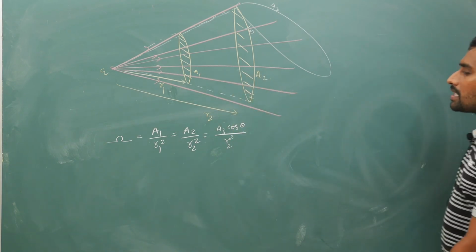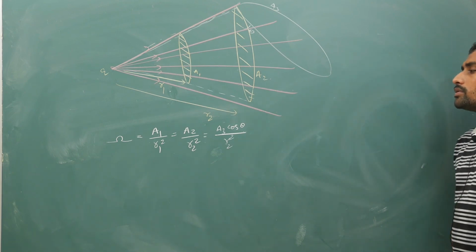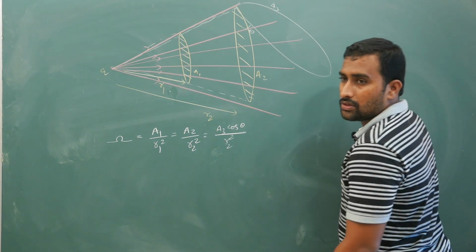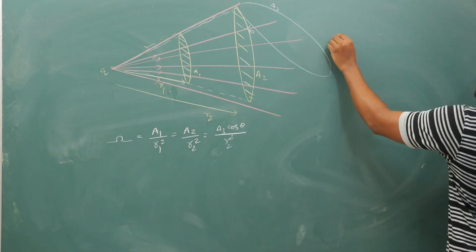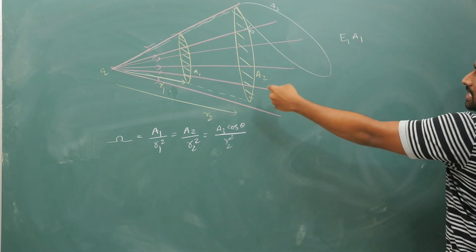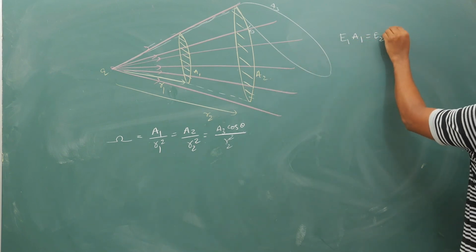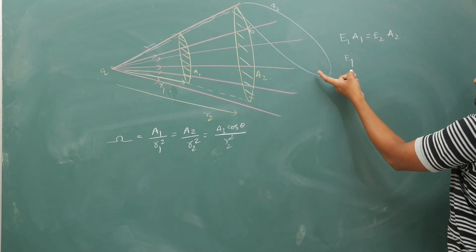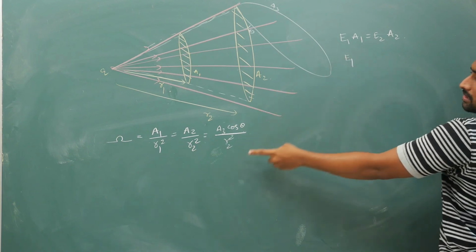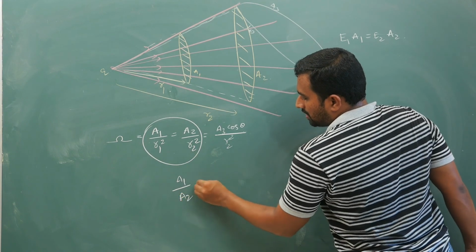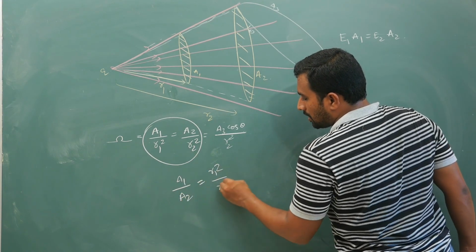Now I have calculated the solid angle. If I try to calculate flux, your flux is E1 times A1, and the same flux goes through all the surfaces, which is equal to E2 times A2. From the solid angle relation, A1 by A2 is R1 square by R2 square.